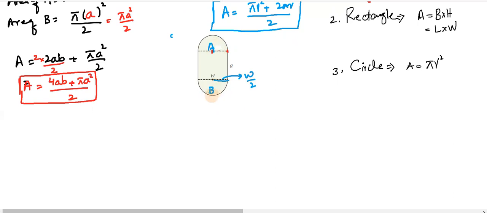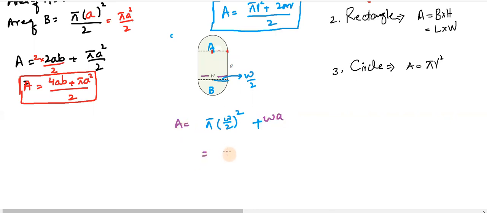Portion A and B make one complete circle. So it's pi times the radius, which is w over 2 squared, plus the area of this rectangle, which is w times a. That's the total area.